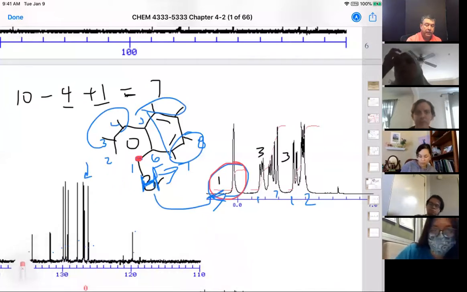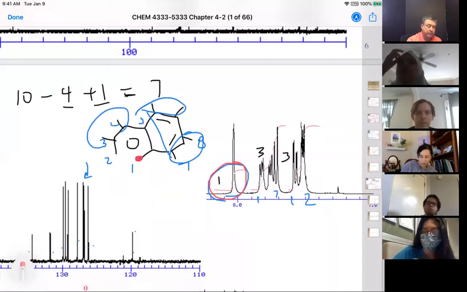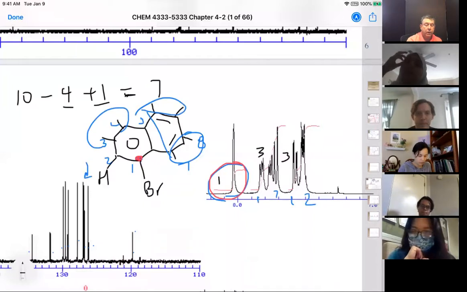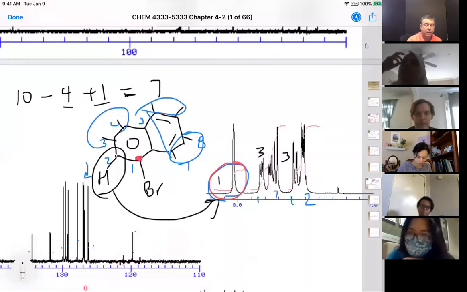Let's move it back to the other one and look for different types of hydrogen. If we had bromine here, we're only going to have 1 hydrogen next to a bromine, which would account for that. We have 2 hydrogens here, which could be one of these peaks. Then we have 2 of these.